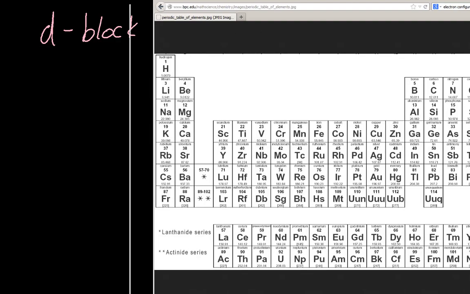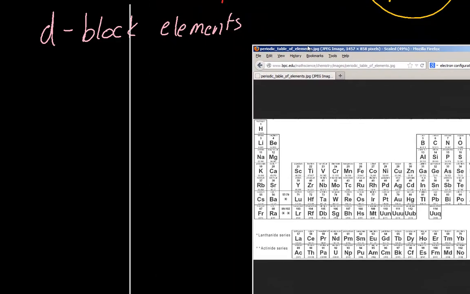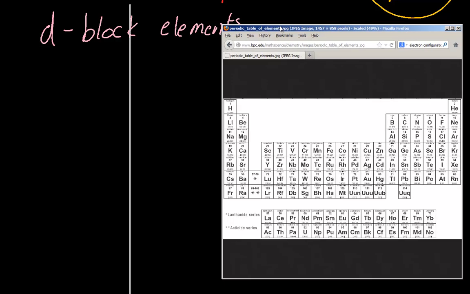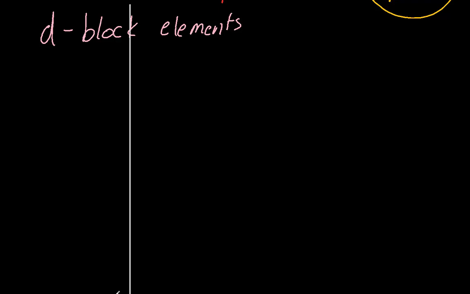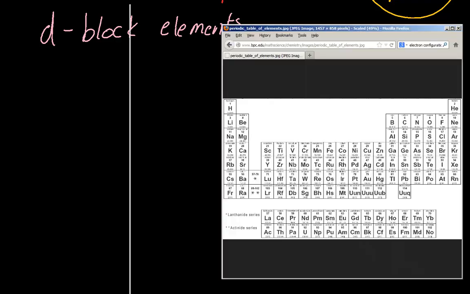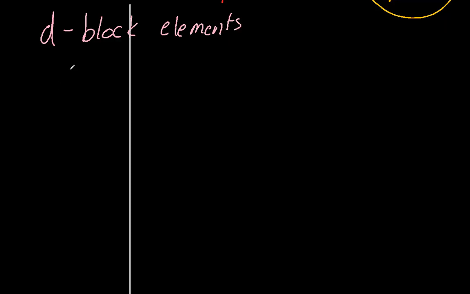You should know that over on your left is s, and then the middle is d, and your far right is p. So in the d block, we have special rules, as we know that d can have up to 10 electrons, so d10.